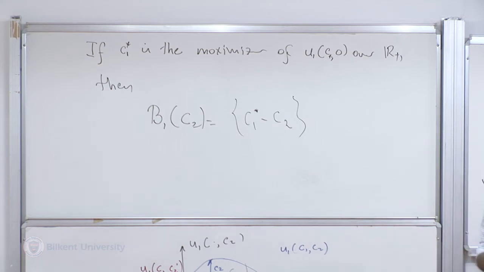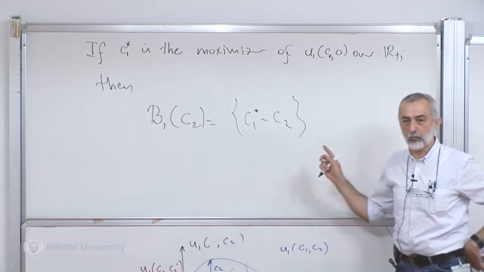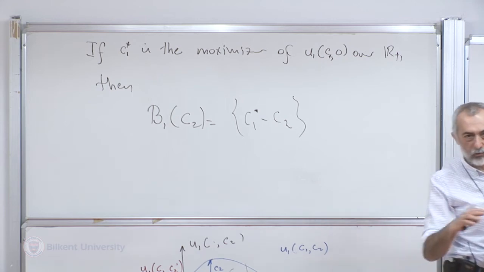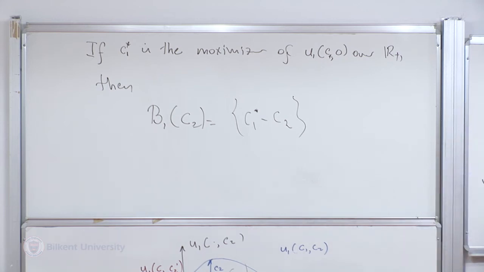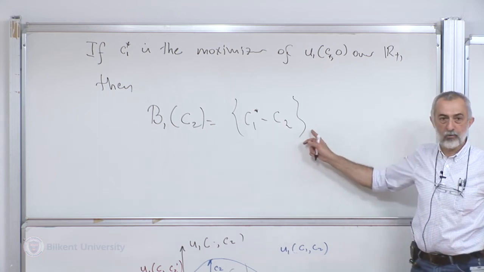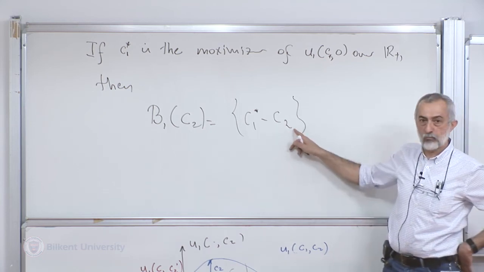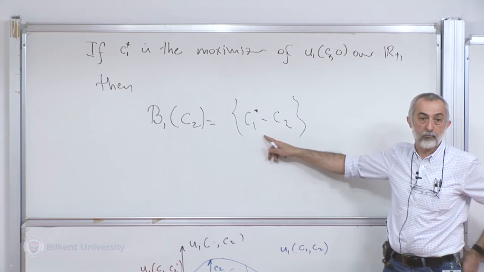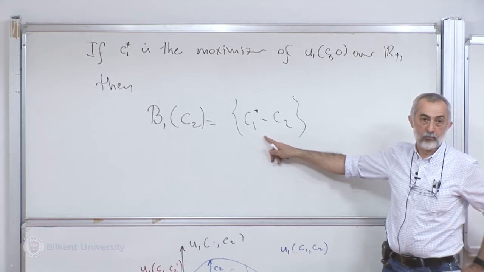It should also have 0 and W1, right? This is a good point to start with. But every time you write these things, it's a good idea to put the marker down and ask, does it make sense? There are 2 problems. One, if C2 is too big, this thing can become negative.